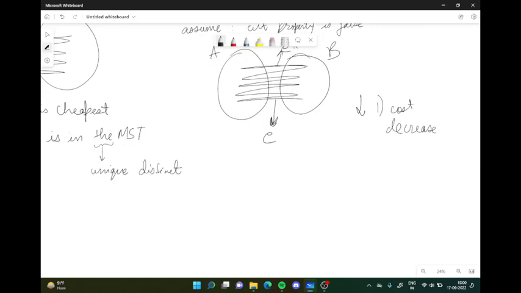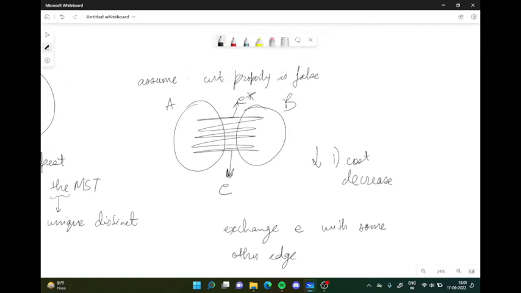So the idea is, let's try to exchange E here. This is where the word exchange arguments come from. Exchange E with some other edge, right, with some other edge in T star, which is the minimum spanning tree which contains E star. Basically, let me write that explicitly.